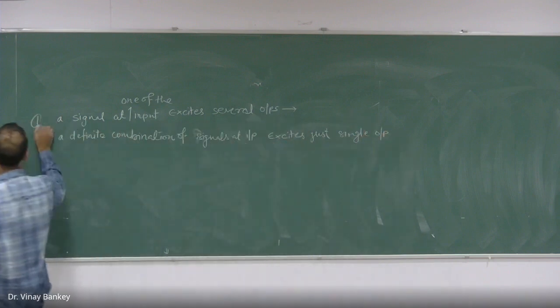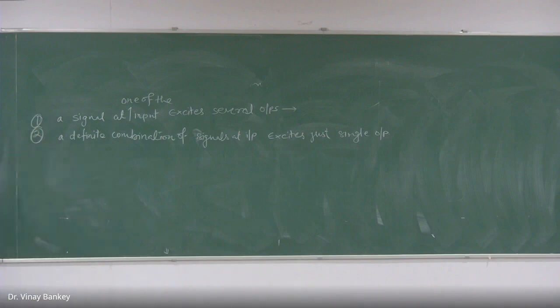These are the two statements, and each of these is related to the combinational circuits whatever we have studied. So we have studied 4 combinational circuits: decoder, encoder, demultiplexer, and multiplexer.